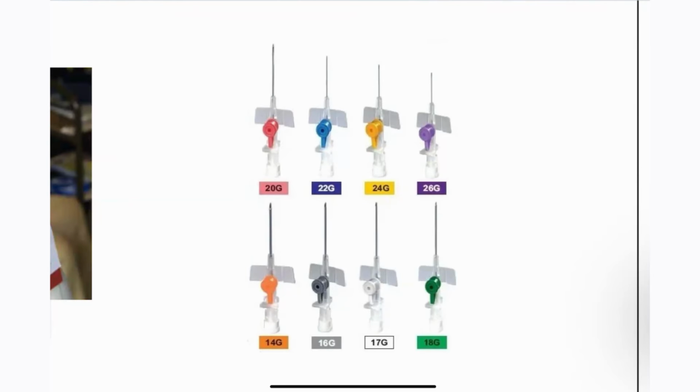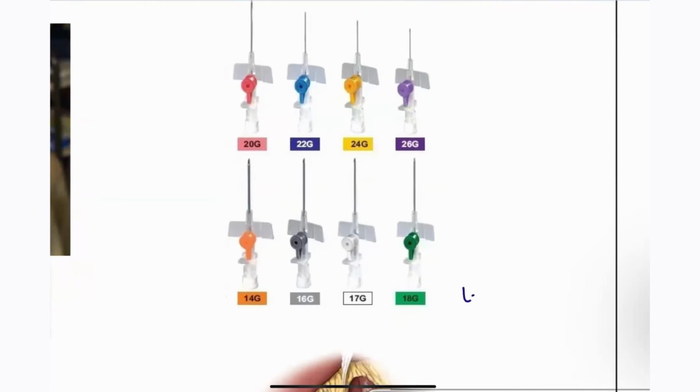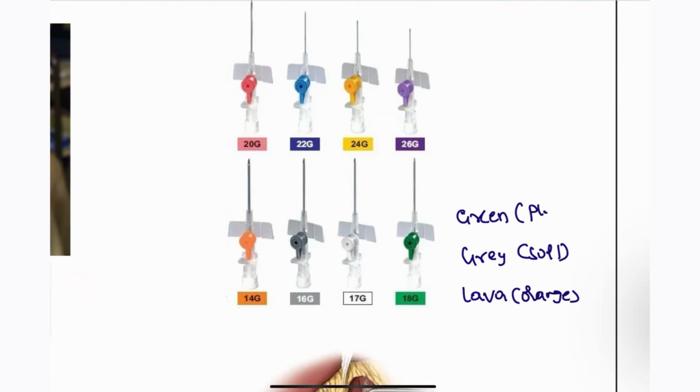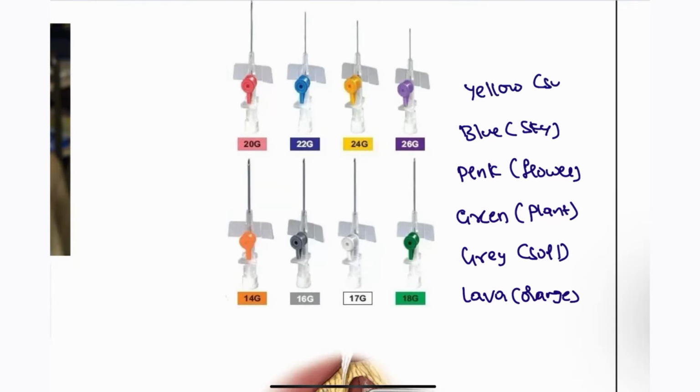First, lava is orange in color, and gray is soil, green is the plant, or we can say grass, and pink is for the flower, blue for the sky, yellow is for the sun. Then other than that, violet.